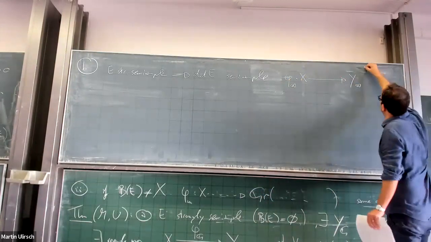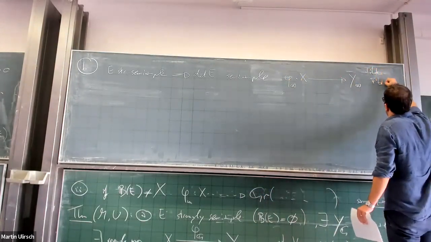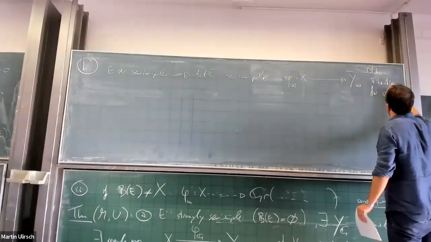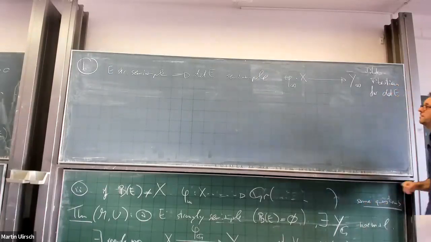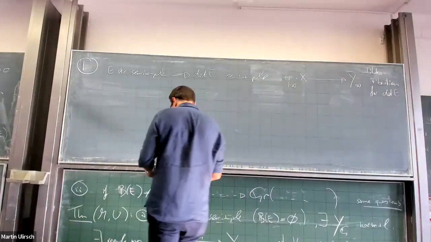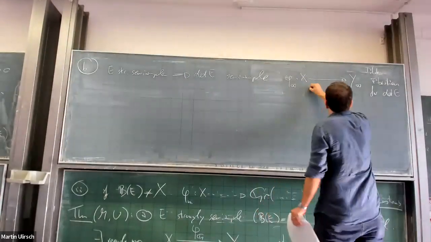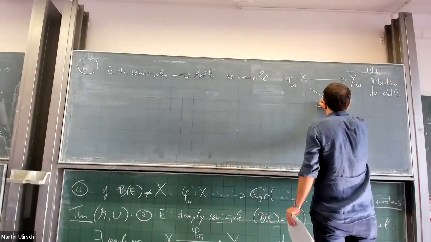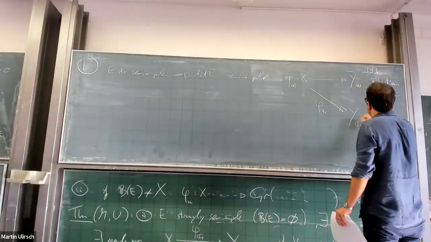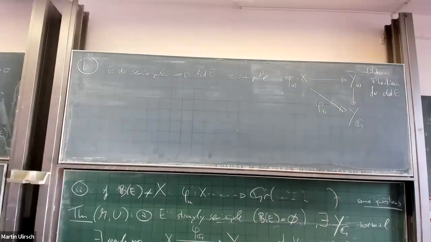This is the Iitaka fibration for the line bundle determinant of E on X. And then what I say is that this map, the map phi_G, factors through a finite map from the Iitaka fibration of the determinant of E.